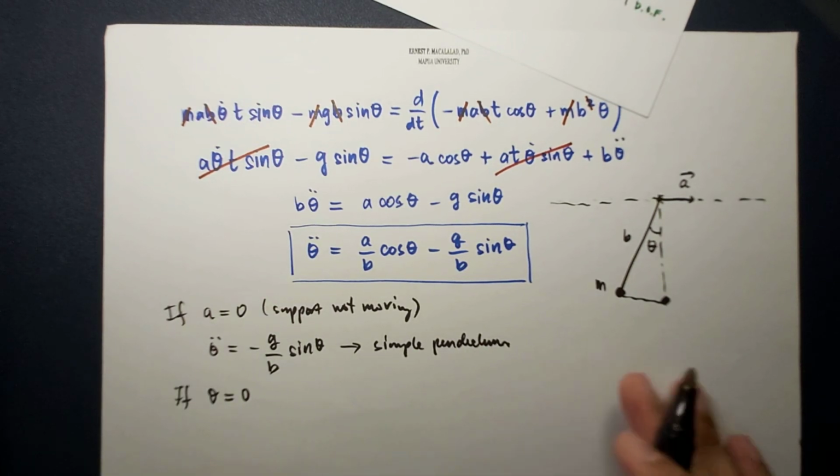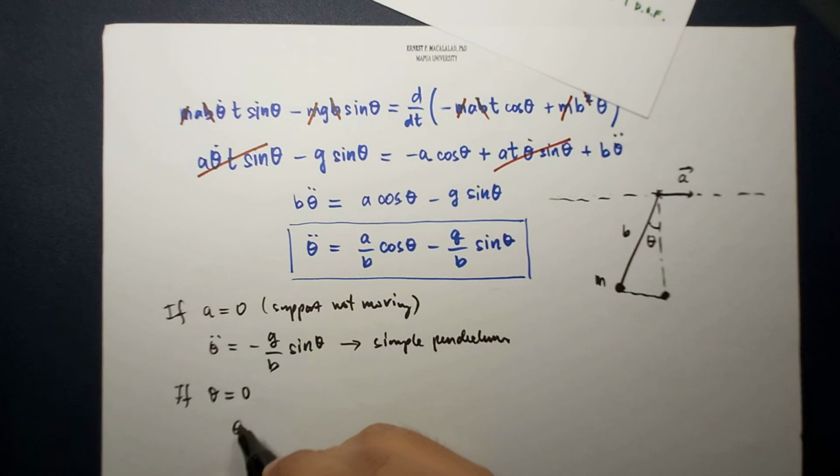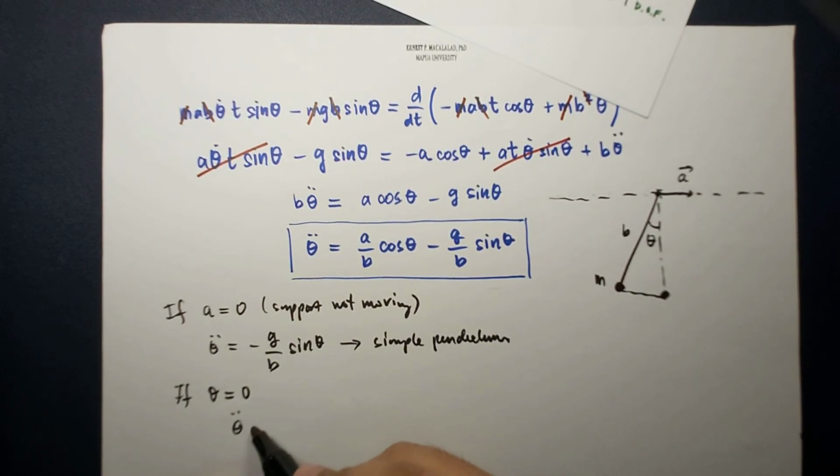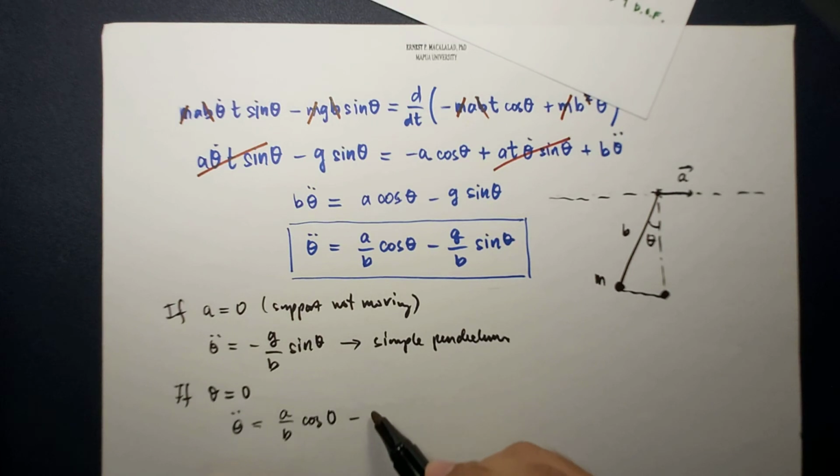So if theta is equal to 0, in this equation, theta double dot will be equal to a over b cosine 0 minus 0. So this is 0.